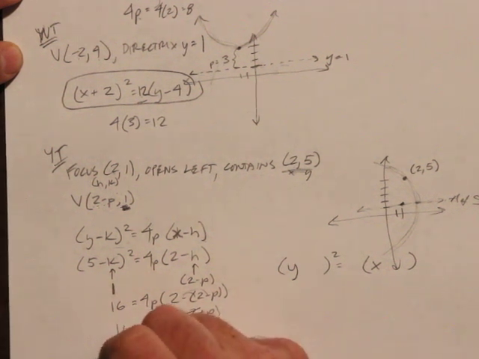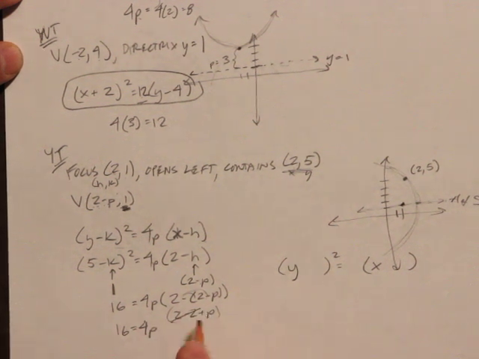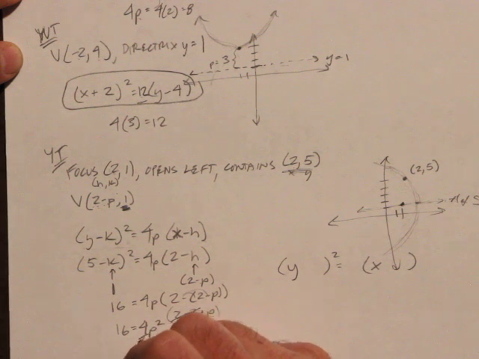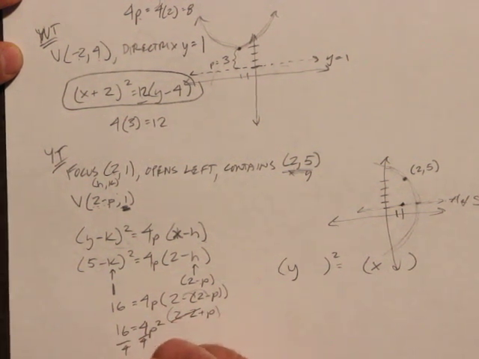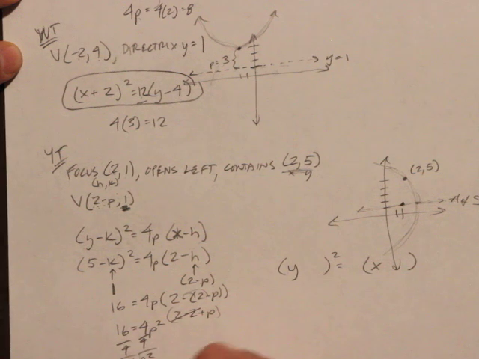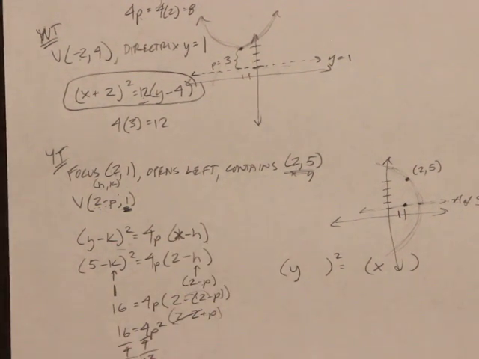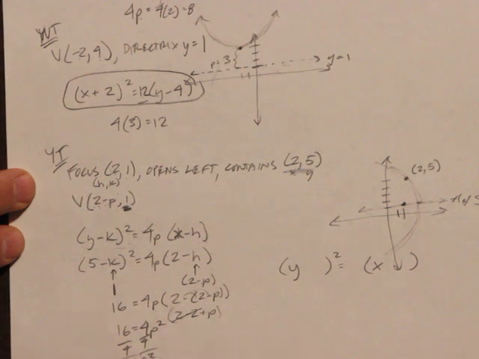So I've got 16 equals 4p times p, so that's 4p squared. Divide both sides by 4, I get 4 equals p squared. Take the square root of both sides, p equals 2, or plus or minus 2, right? So my p value is 2.